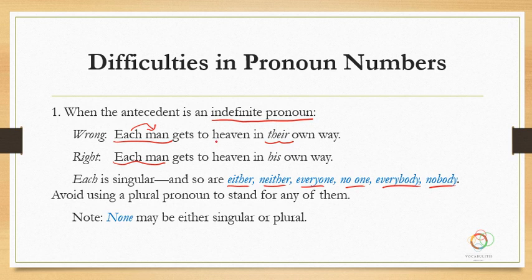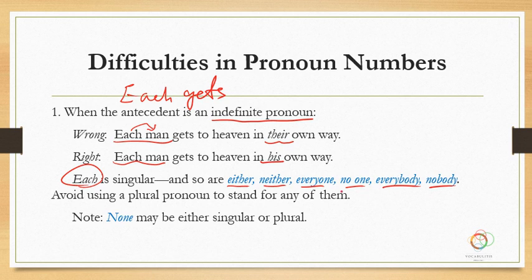It would be an indefinite pronoun if you said just each. Each gets to, and then we would say, oh, each is singular. So each gets to heaven in his way. We just have to match up the number. In this case, each was not used as a pronoun, so a little problem there. But what we want to know is that if each is used as a pronoun, it is singular.